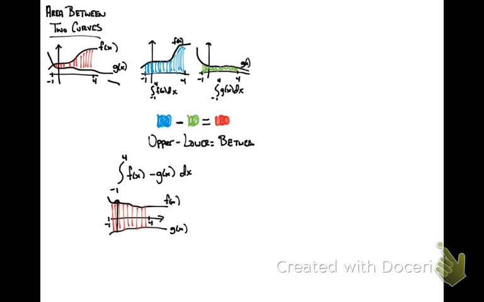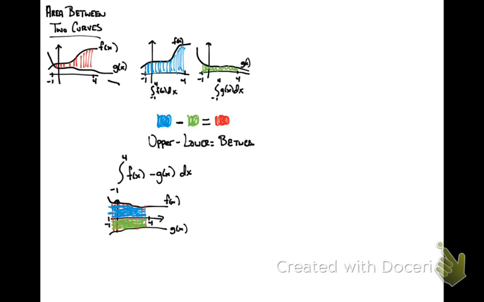And think about why. When we integrate f of x, we'll get this space here. And this space will be positive. This will be a positive numeric value because it's above the x-axis. And when we integrate g of x, we will get this space here. And numerically, this will be a negative value.